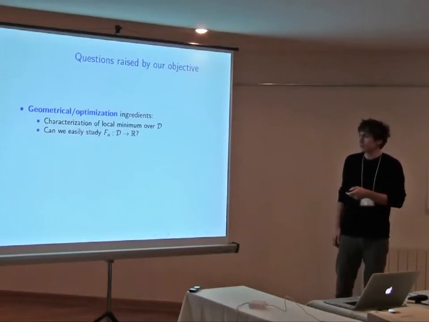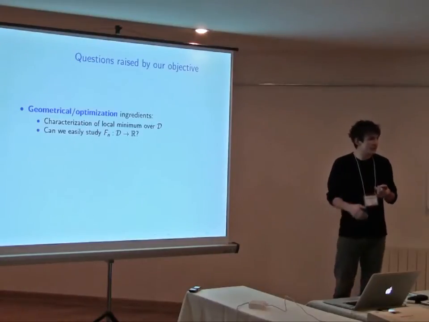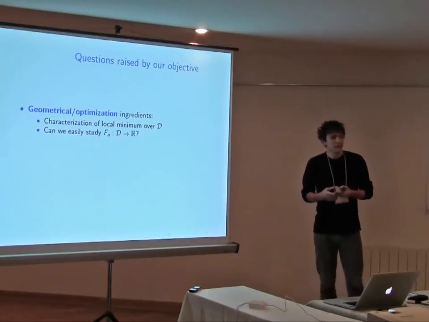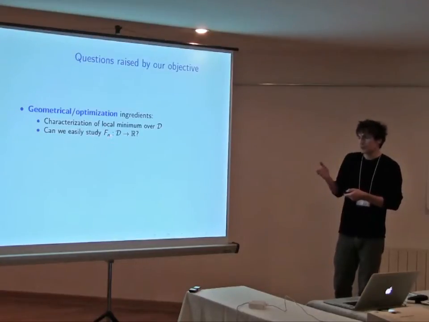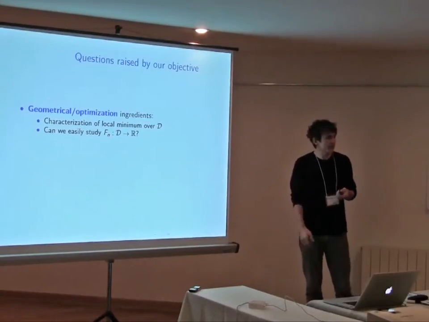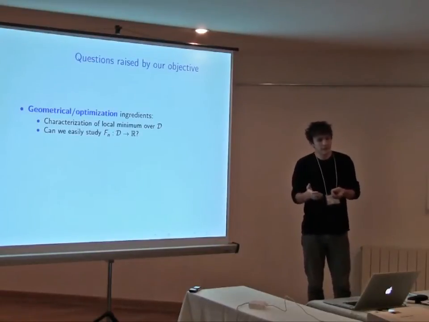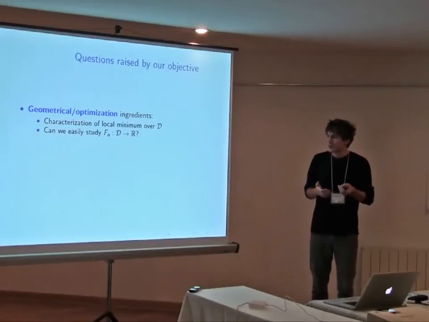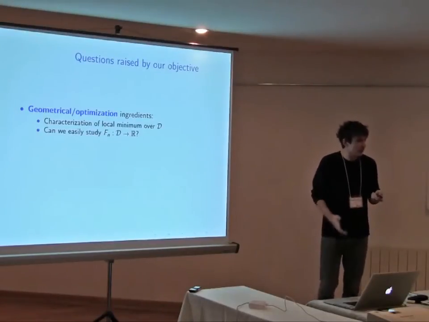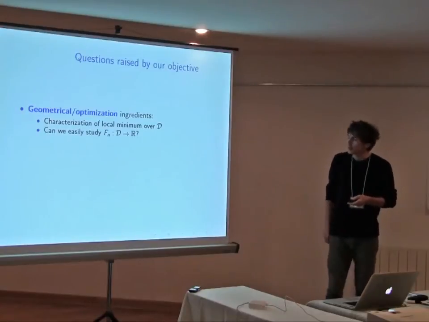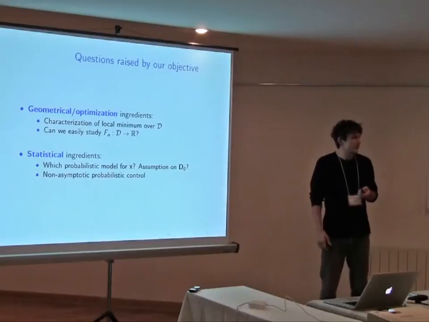The first question that I will be interested in is how can we characterize the local minima over the specific set of dictionaries, especially with this function f_n, which is somewhat intricate in the sense that it is defined through the minimization over the decomposition. It is not convex. We don't know exactly what its degree of smoothness is, so this function is quite complicated. There are also some ingredients related to statistical aspects.